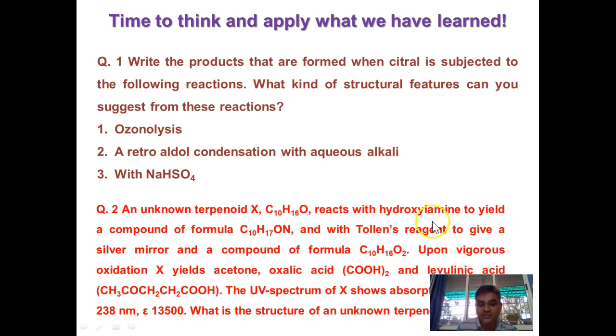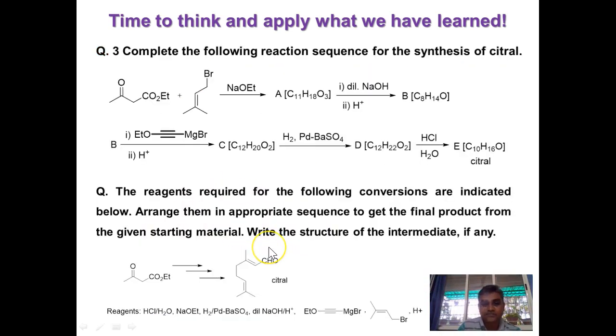Out of each piece of information we draw a conclusion, and collectively we combine these conclusions to reach the structure of terpenoid X. This X is nothing but citral, but one should try to understand the quality of this variety of problem.